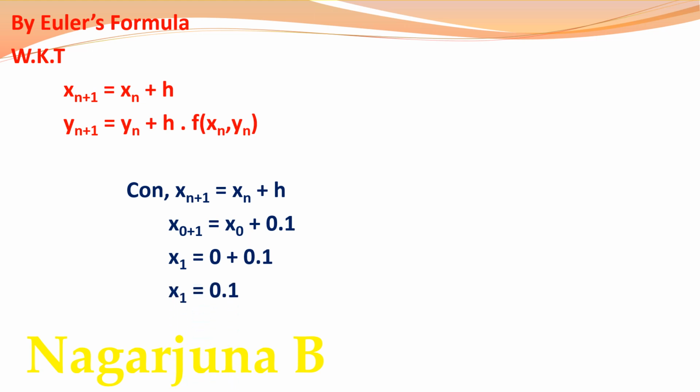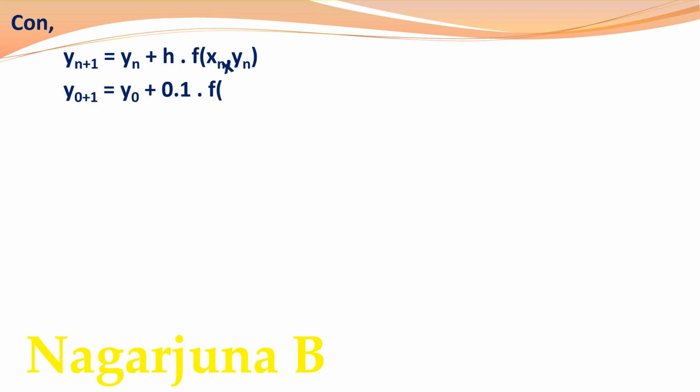Next we need to find the value of y1. Consider yn plus 1 is equal to yn plus h into f of xn comma yn. Here we need to find the value of y1, therefore we take n equal to 0. So it will be y0 plus 1 equal to y0 plus h value 0.1 into f of x0 comma y naught, and we know the values of x naught and y naught.